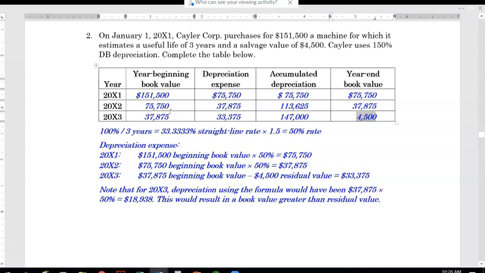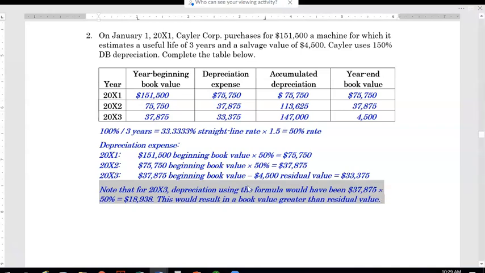So how much do I have to depreciate? Then I say, okay, what is left from the book value? Book value right now is 37,875 at the end of year two. Minus 4,500 that I want at the end of year three, that becomes 33,375 depreciation expense. So I'm gonna totally ignore this calculation using that regular math that we are doing.